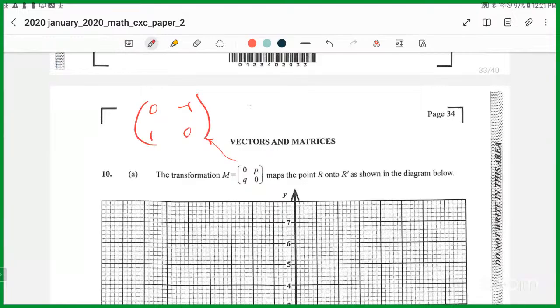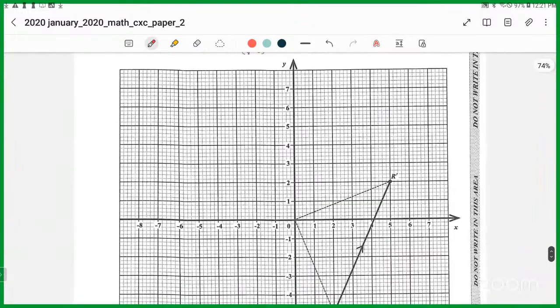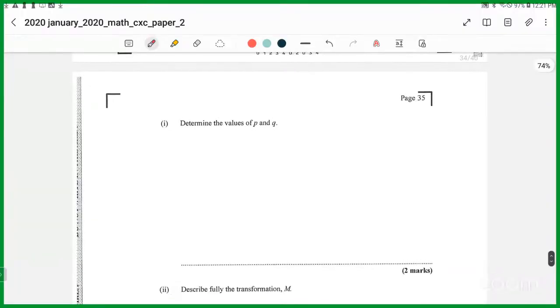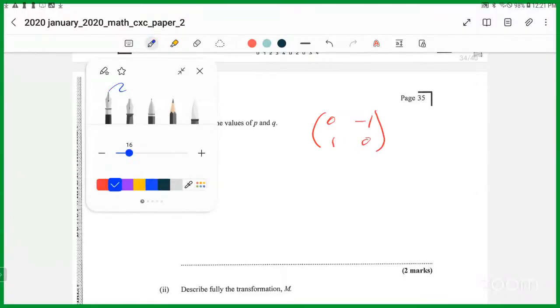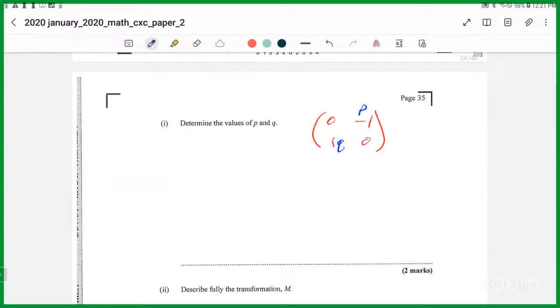So based on that, P is equal to negative 1 and Q is equal to 1. So let's say the matrix is 0, minus 1, 1, 0. So this is the P and this is the Q. So P equals negative 1, Q equals 1. That's the matrix for anti-clockwise. And so describe it fully.